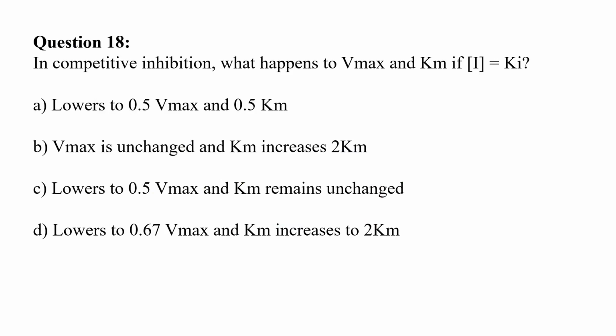So in case of competitive inhibition, Vmax doesn't change. I've explained it again and again. So Vmax is unchanged. And what will happen to the Km? So the correct answer is option B, obviously.